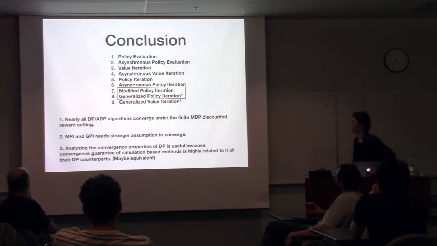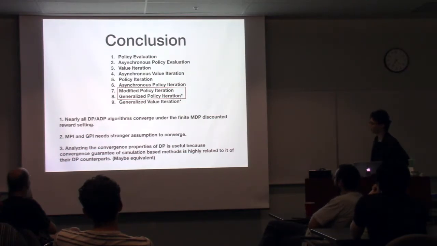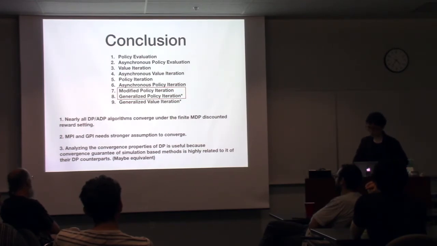So the conclusion: we introduced 9 different DP and ADP algorithms, and all these algorithms converge, while number 7 and number 8 need more assumptions, like TV0 should be greater or equal to V0, to converge. And finally, analyzing the convergence properties of dynamic programming is very useful because these convergence guarantees are closely related to their simulation-based counterpart methods.